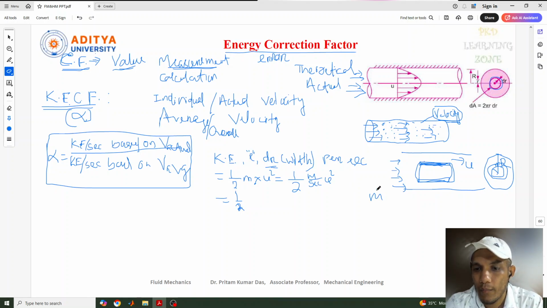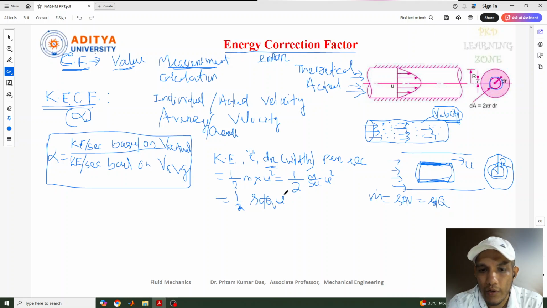Mass flow rate we can write as rho AV, and rho AV we know is discharge, so we can write Q. Since the elemental strip is very small, I write a small one, that is dq. So this one I can just write rho dq. The same value I put here: half into rho dq into u square.